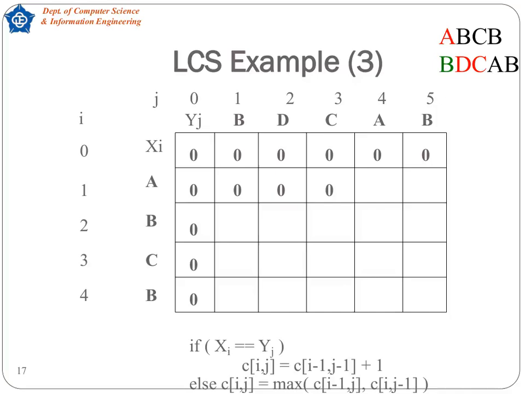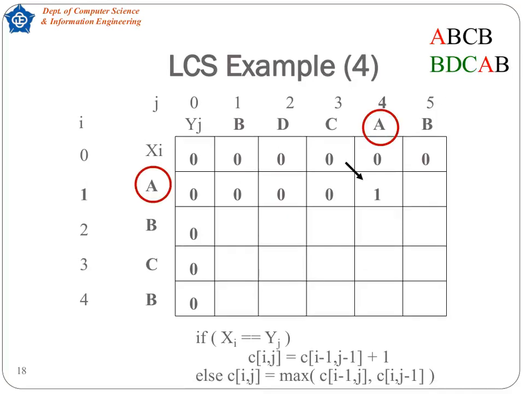If x_i equals y_j, set C[i,j] equals C[i-1,j-1] plus 1. Otherwise, set C[i,j] equals max of C[i-1,j] and C[i,j-1]. With these base cases and rules in place, the table gradually fills until we reach C[4,5]. That final value gives us the length of the LCS and guides the reconstruction of the actual subsequence. Next, we'll see how each cell value is determined step by step.